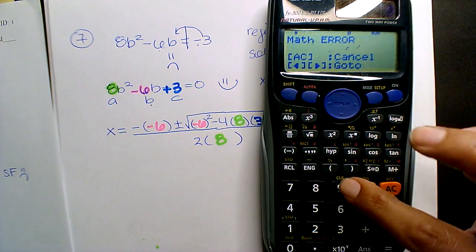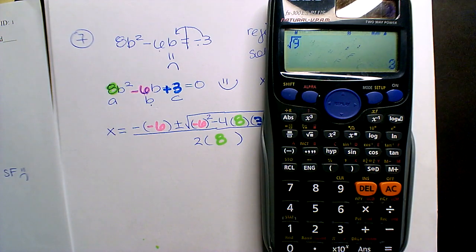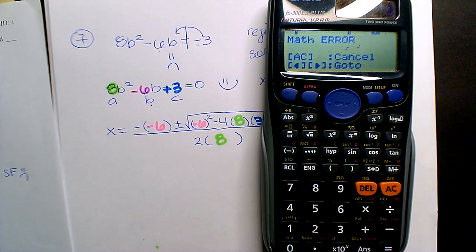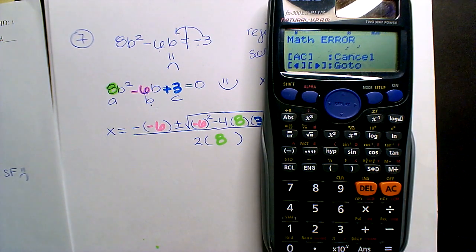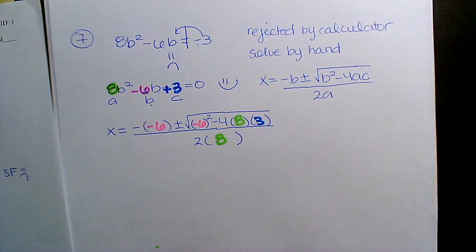What's the square root of 9? 3. What is the square root of -9? Rejection. The calculator will not give you the square root of an imaginary number. Negative radicals are imaginary. And so that's why the calculator is rejecting us. So we have to solve it by hand.